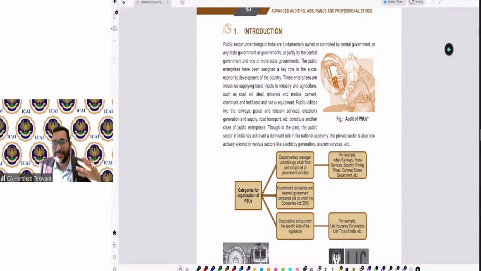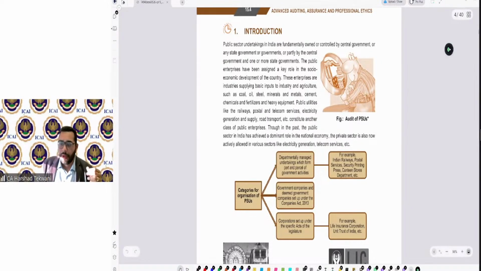There are corporations established under a specific act, like LIC. Then you have different corporations with different acts. These corporations are also called public sector undertakings, and they fall under their purview. Again, those stakeholders are also interested here.